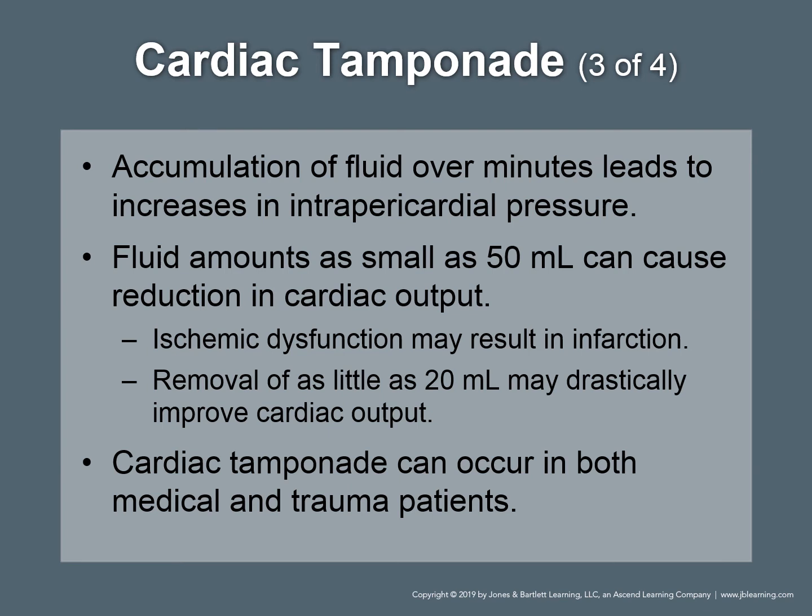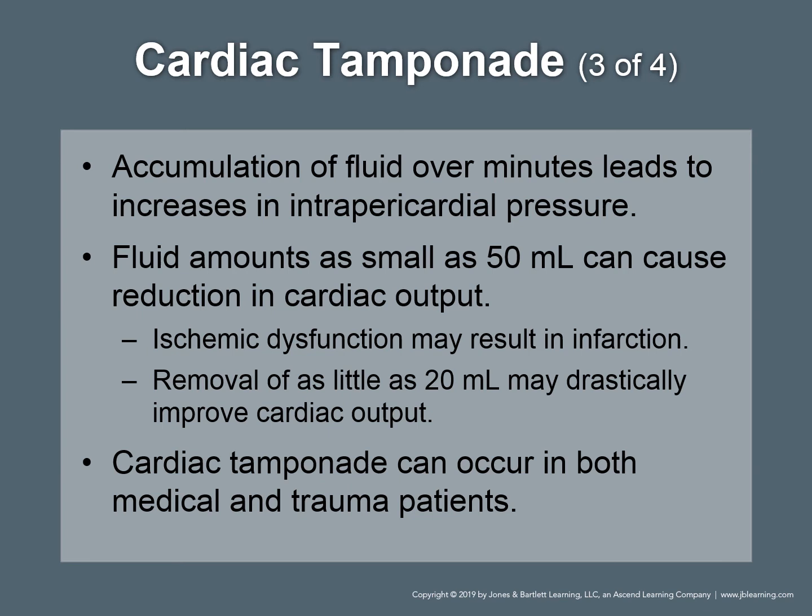Accumulation of fluid over minutes leads to increased intrapericardial pressure, kind of like filling a plastic bag with air. The more air or water you put in it, the higher the pressure is going to be. It puts pressure around the heart and reduces cardiac output. It may result in a myocardial infarction because the myocardial circulation becomes impaired from the outside pressure on those blood vessels.